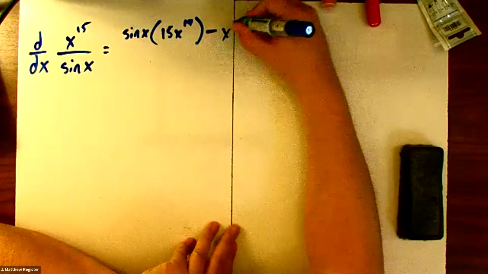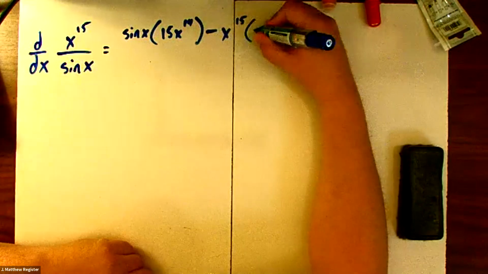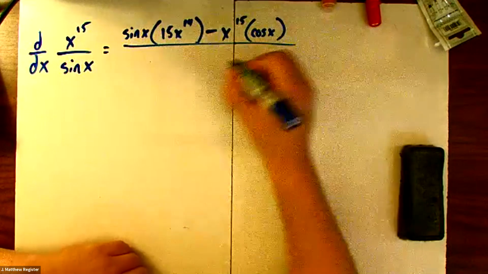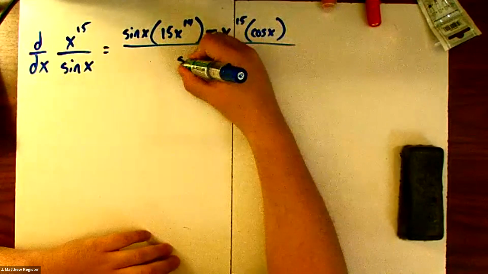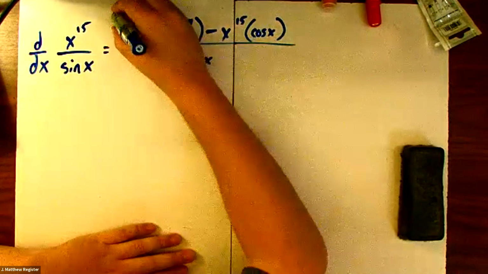That's going to give us an x to the 15th times the derivative of the bottom, which is cosine of x, over ho ho, which is the bottom squared. Sine squared of x.